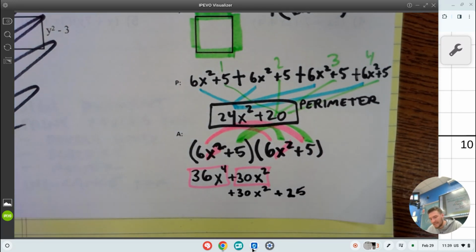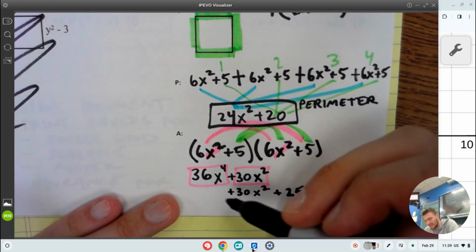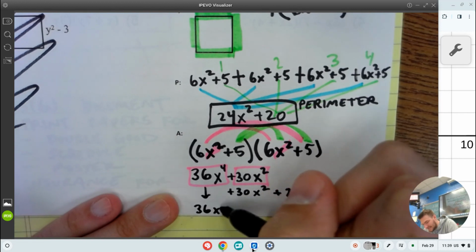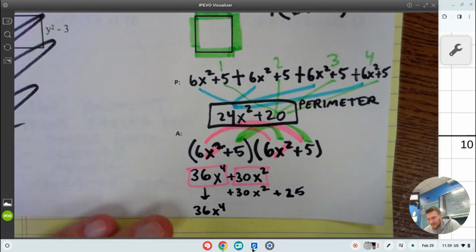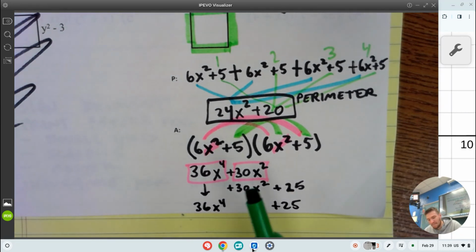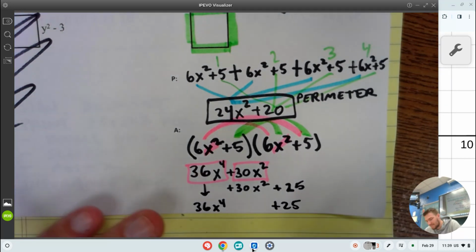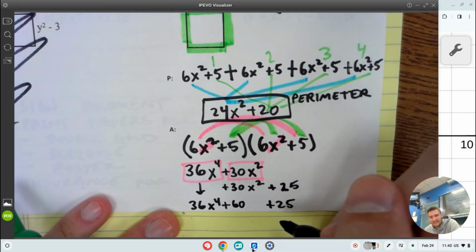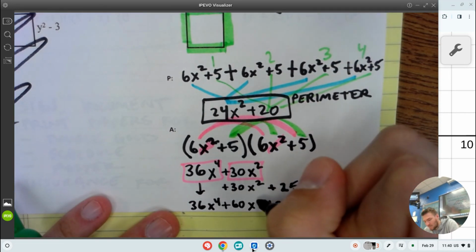It's a little bit different, but it still looks very familiar. This first piece is going to come down, 36x power 4. This last piece is going to come down, plus 25. And in the middle, what's 30 plus 30? 60. Plus 60. How many x is there? X squared.